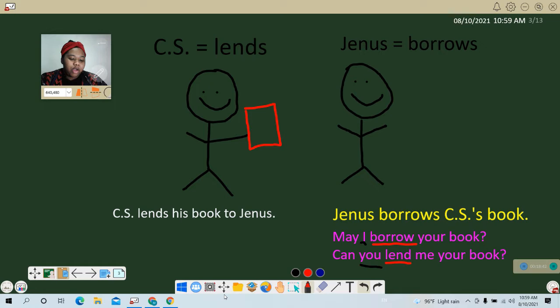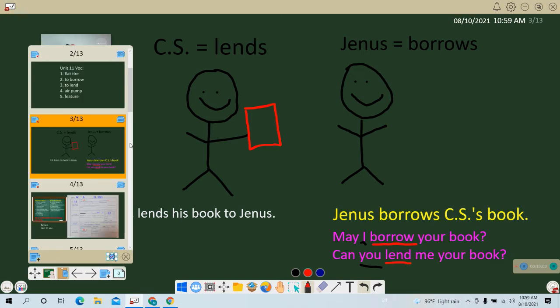Eraser. Okay, go. May I borrow your eraser? Or, can you lend me your eraser? Okay. So, everybody, we practice this. Do you understand it? Lend versus borrow. All right.